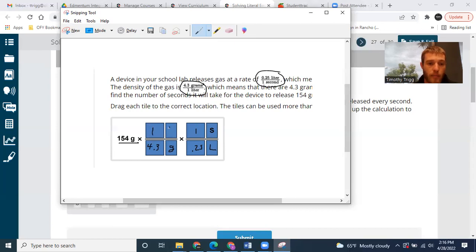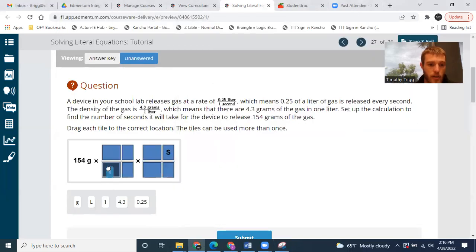I put the 1 liter up here. Now, it also makes sense that the liters would cancel too. That way it leaves me with just seconds, right? Because my grams cancel like this, my liters cancel like this, and I'll be left with seconds. So go ahead and click and drag these things here. 1 liter, 4.3 grams, 1 second, 0.25 liters.